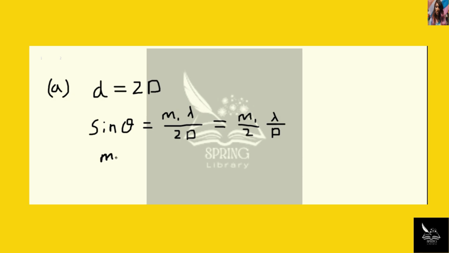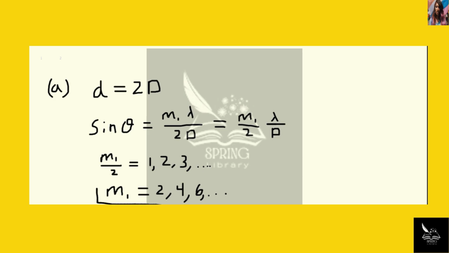So we have m1 over 2 is equal to 1, 2, 3, and so on. Or in other words, m1 is equal to 2, 4, because 2 times 2 is 4, 3 times 2 is 6, and so on. Therefore, all the even terms are missing. So we can box that in as our solution for part A.